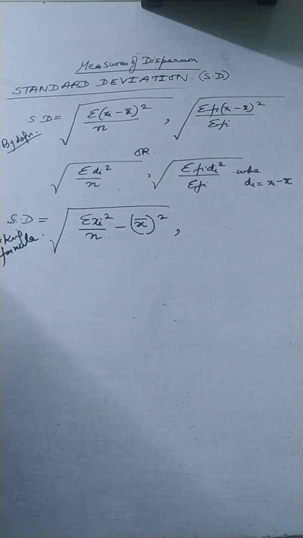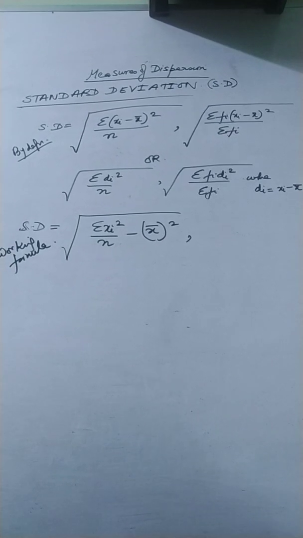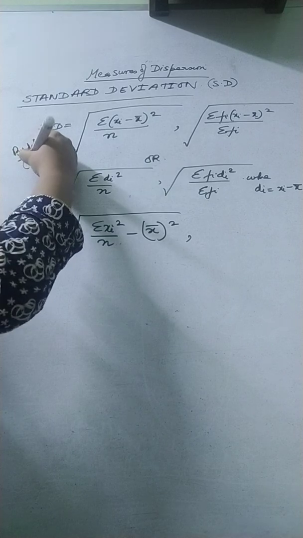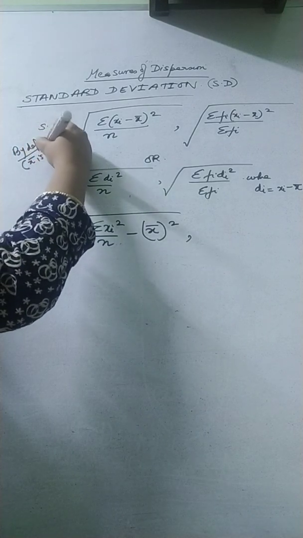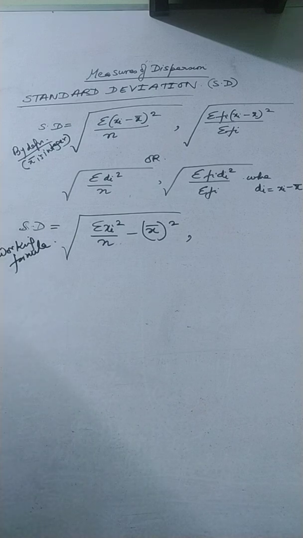That means the working formula can be used for calculation anywhere and everywhere, whereas the definition formula should be used only when x bar is an integer. Because if x bar is not an integer, then you are likely to round it off, if it is fractional, and when you round off, there are chances of an error coming in, which is called rounding off error.